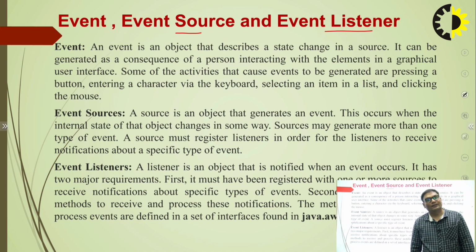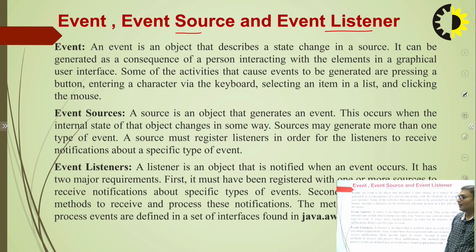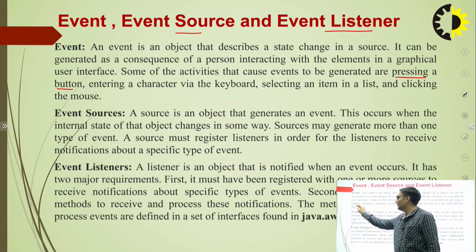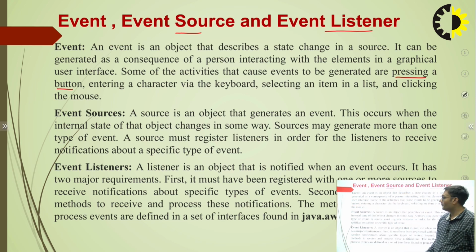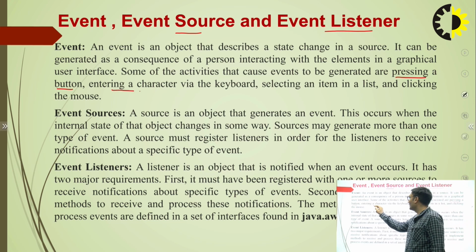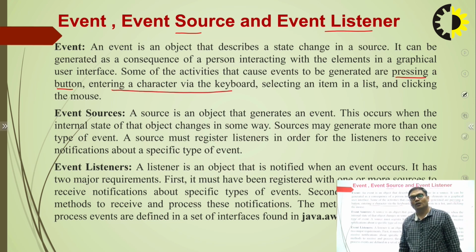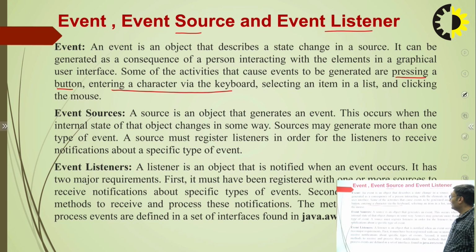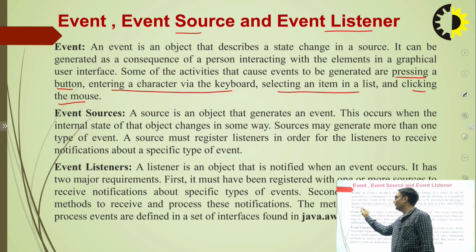Some of the activities that cause an event to be generated are pressing a button, it is an event. Entering a character via keyboard is also an event. Selecting an item from the list is also an event. And clicking the mouse is also an event.